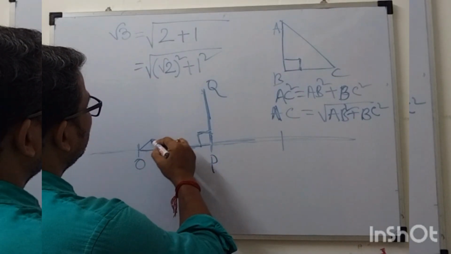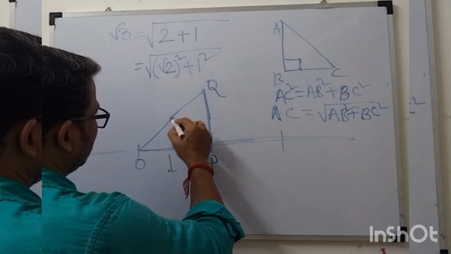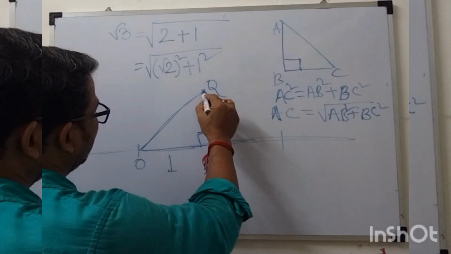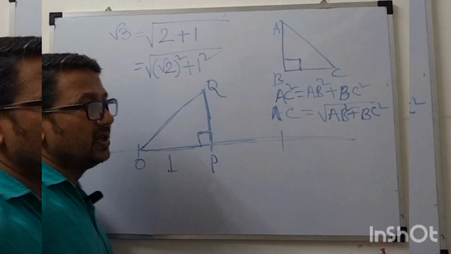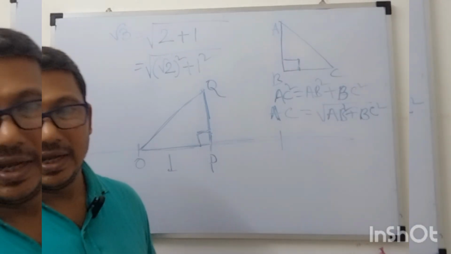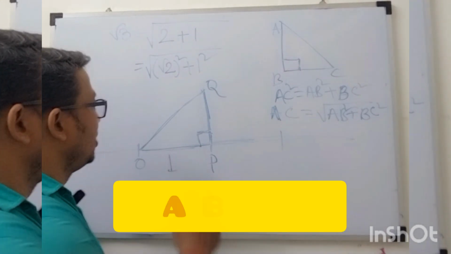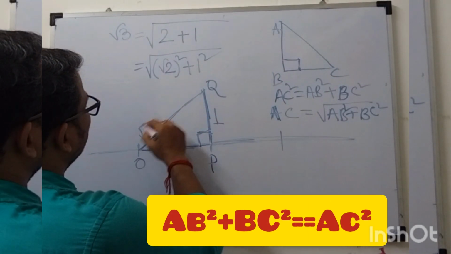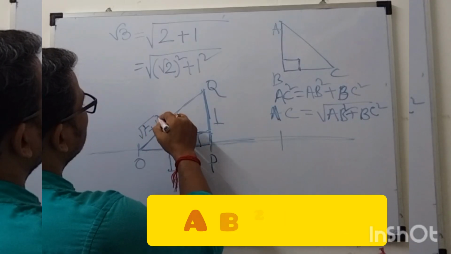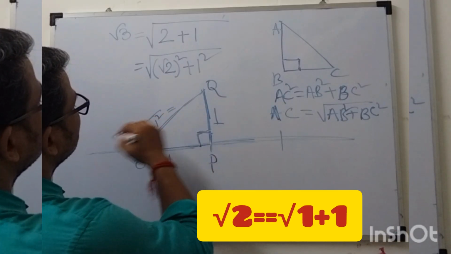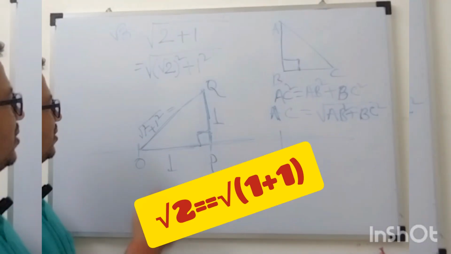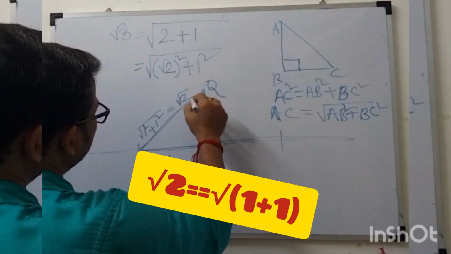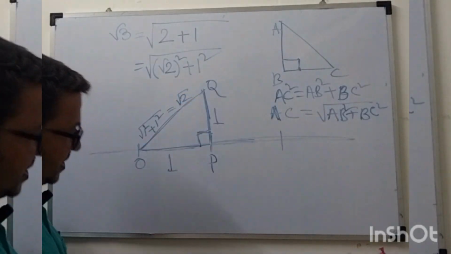Now if we join the line OQ, it will be the hypotenuse, and according to Pythagoras theorem, OQ will be root over 1 square plus 1 square. That is, 1 square is equal to 1 and 1 square is equal to 1. That is, this line is root 2.